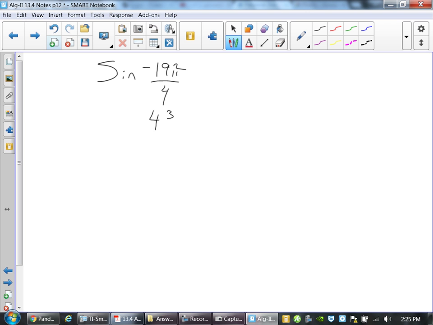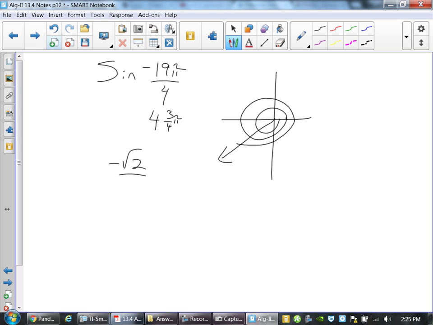So 4 3/4. So we spin it to win it. Here's 2 pi, here's your 4 pi. 3/4 pi drops me in the third quadrant. I have a 45-degree reference angle. The sine of 45 is root 2 over 2, but is sine positive or negative in that quadrant? Negative. The answer is negative root 2 over 2.